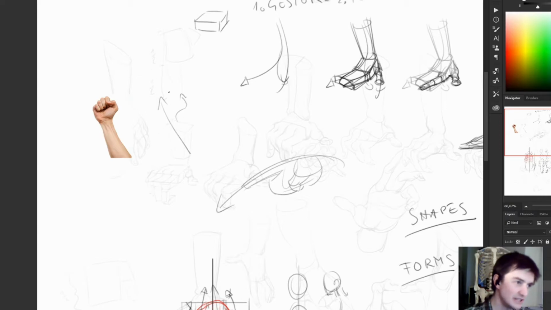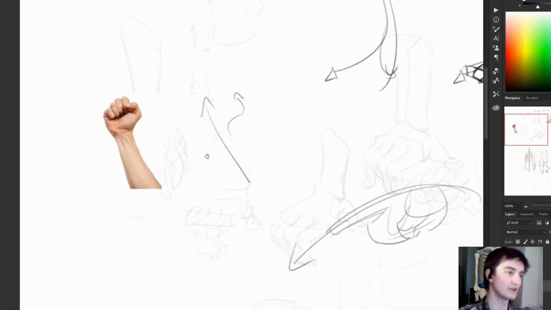And this is the interesting part about studying: if I want to draw this hand, I don't need to copy it, because copying would mean that I draw what I see. I do the work of a printer or a scanner. So if I were to copy this, I would look, okay, the outline here is like this.